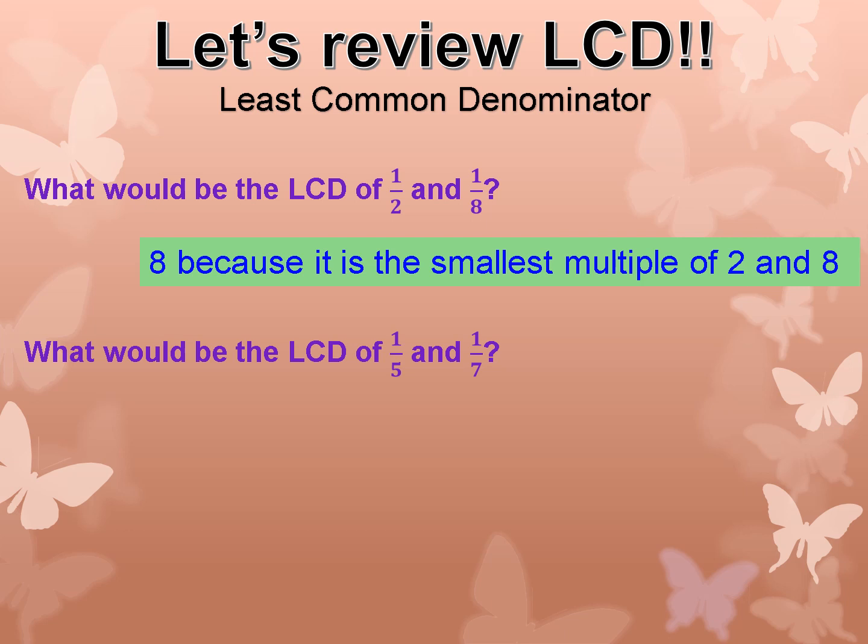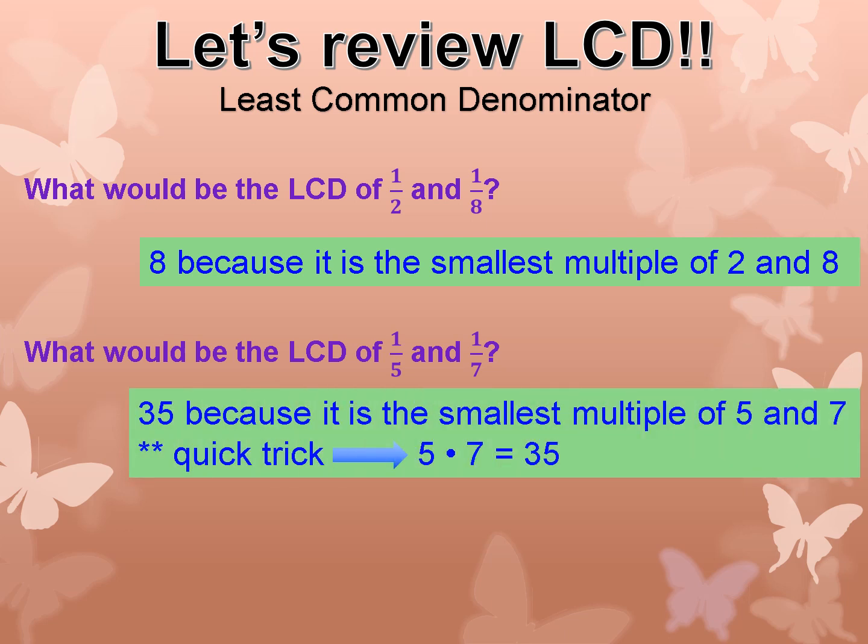No. So then we go to the next multiple of 7, which is 28. Does 5 go into 28? Nope. So then we go to the next one, which is 35. Does 5 go into 35? And the answer is yes. Therefore, our LCD is going to be 35.